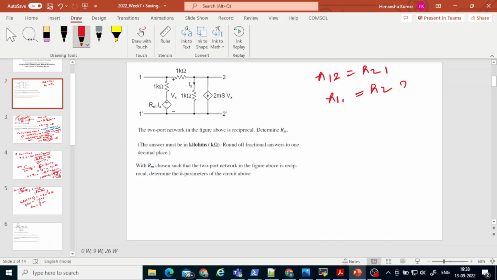So what is h11? h11 is V1 by I1 provided that V2 equals to 0.